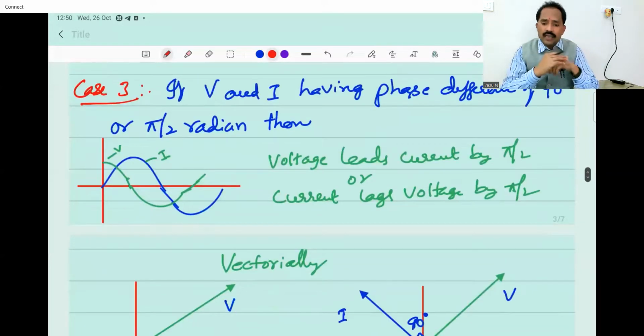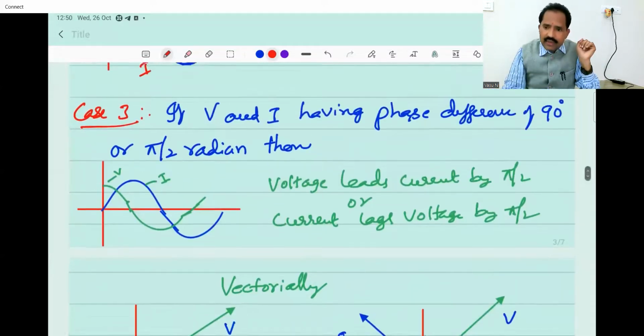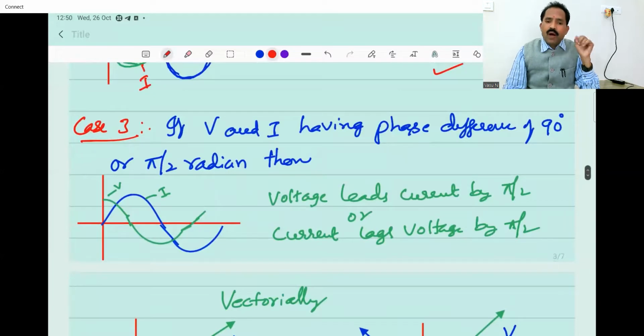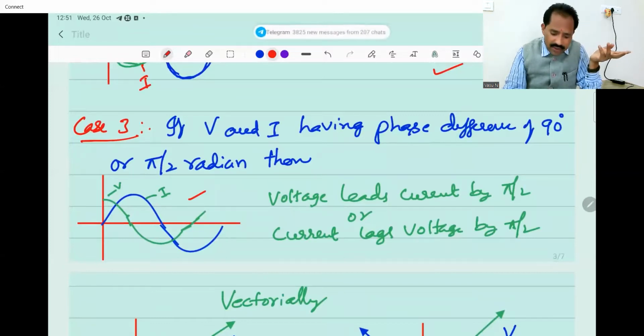If voltage and current have a phase difference of 90 degree or pi by 2 radian, then how are they represented? Look at the graph. In this graph, we can say voltage is leading current, or current lags voltage by pi by 2 radian, or 90 degree.